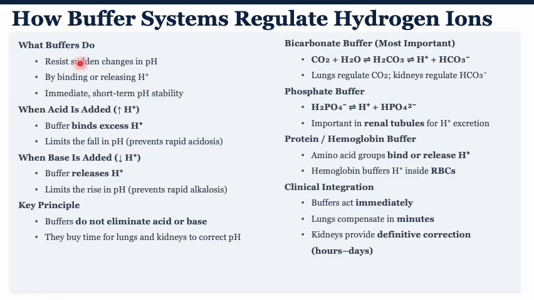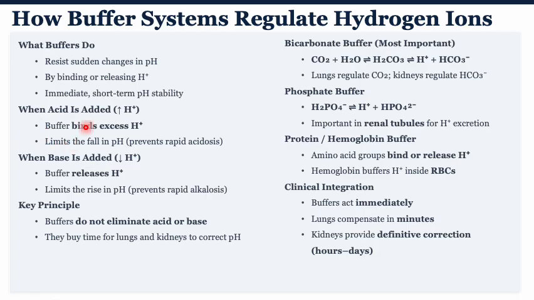These buffer systems are immediate, meaning they're fast acting. They're like the first response, but they give only short-term pH stability. Usually these will come in first, then you will have the lungs if it needs to compensate via the lungs, and then the last system would be the kidneys.